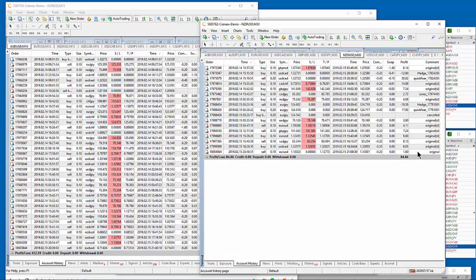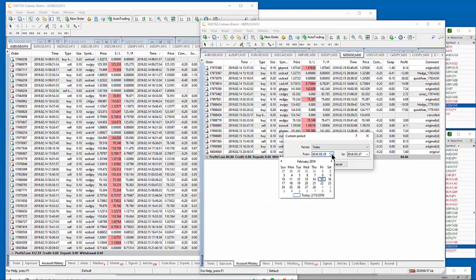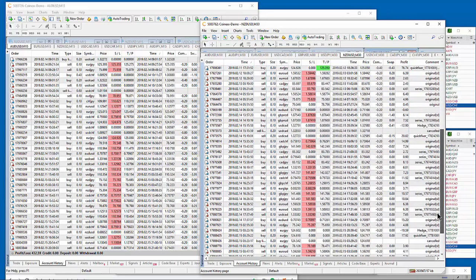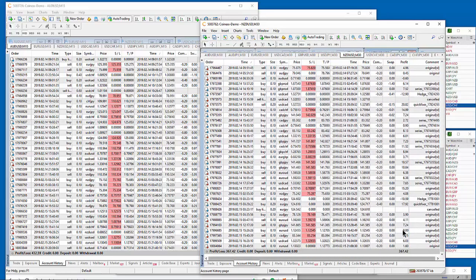It has an account history. It closed $84.86 today. See, here's that hedge and quick fix that I was talking about, right? And when we go to the custom period, change it from just today to this entire week, what we see is that it closed $367.41 this week.